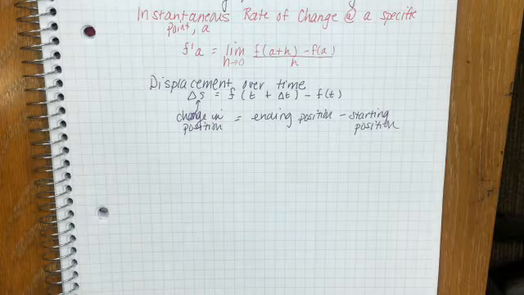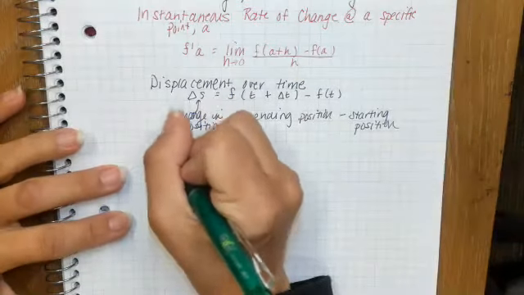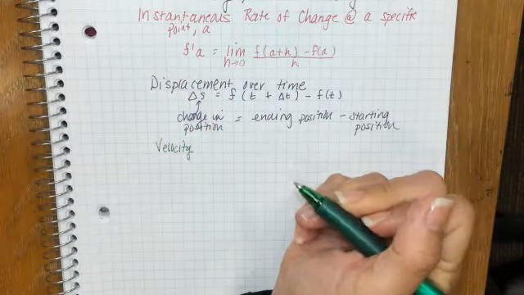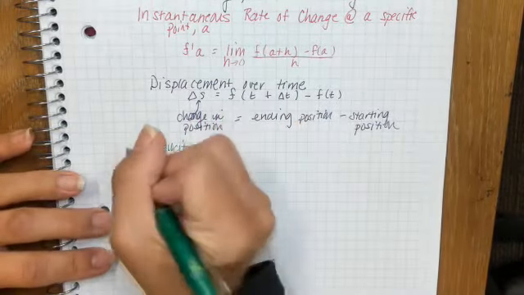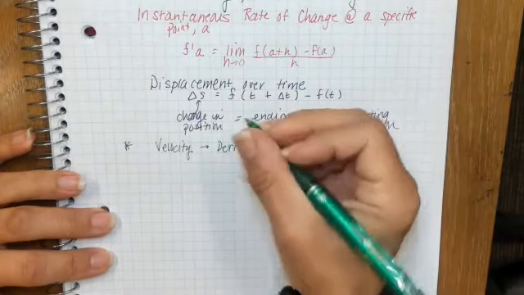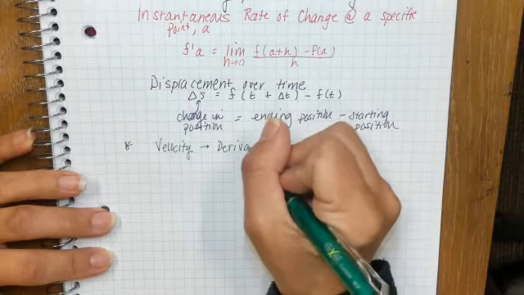Okay, so now let's put these two things together, instantaneous rate of change and displacement. And this is the velocity. Velocity is the derivative of position.